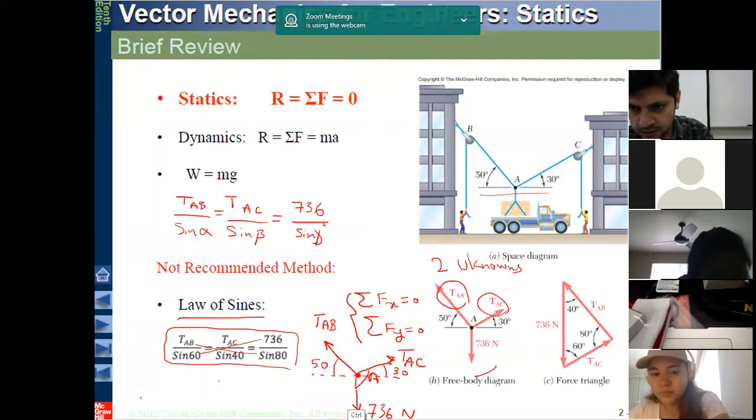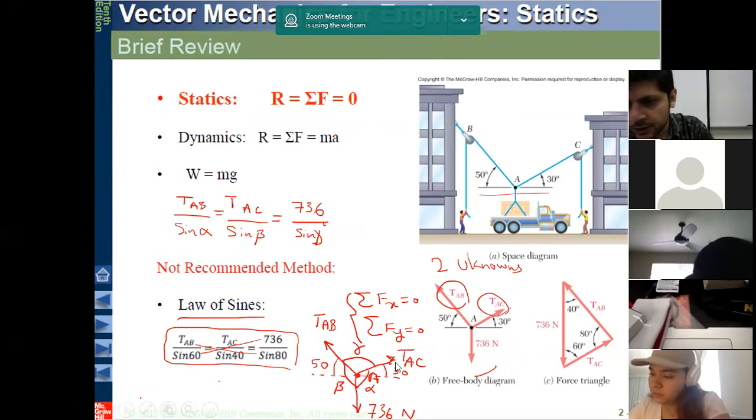So this is alpha. For TAC, the opposite angle is beta. For 736, this is gamma. Any questions so far? So this is how we write the sine law.